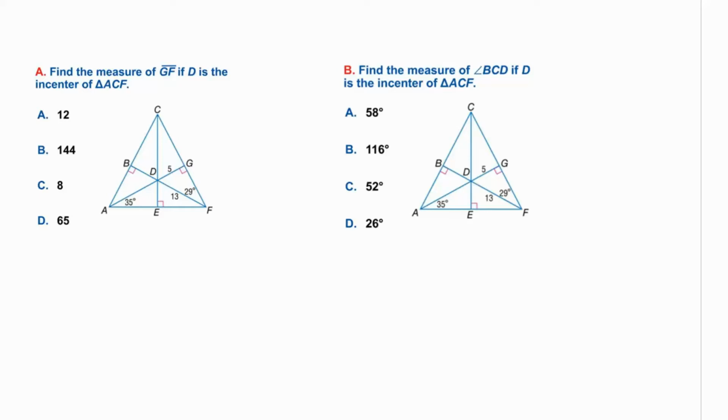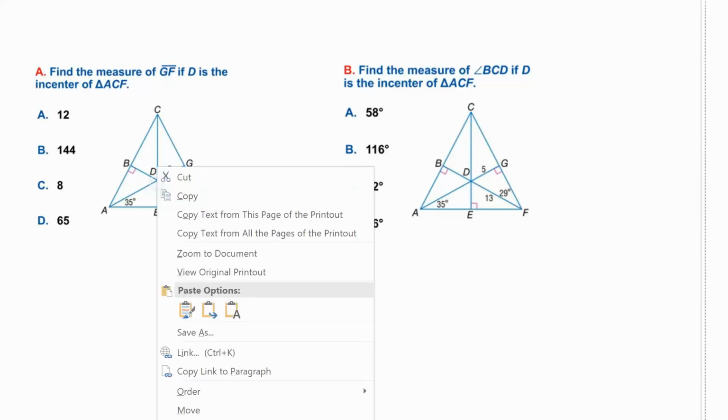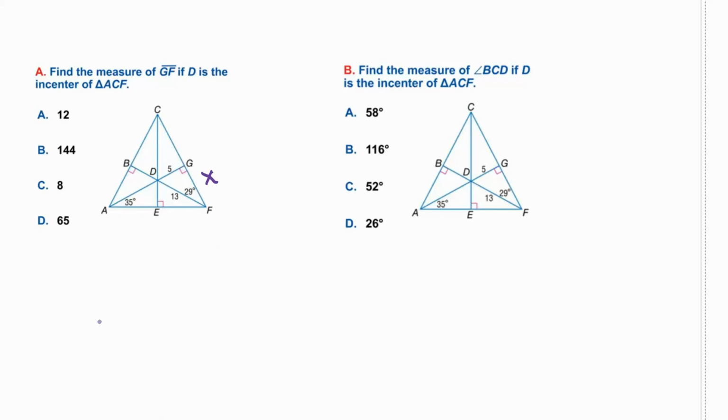In problem A, I want to find the measure of GF. So GF I'll mark by X, if D is the incenter of triangle ACF. So if D is the incenter and I want to find GF, I have a right triangle, so I can use the Pythagorean theorem: 5 squared plus x squared equals 13 squared.